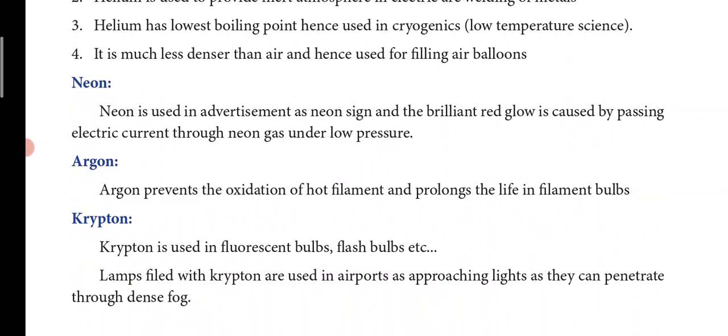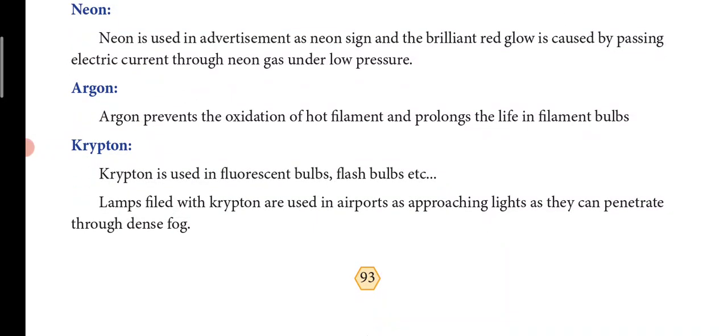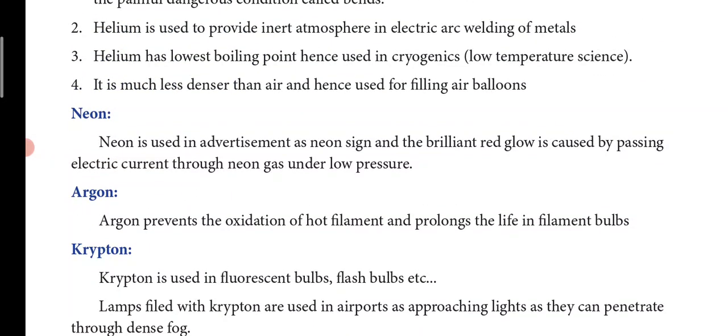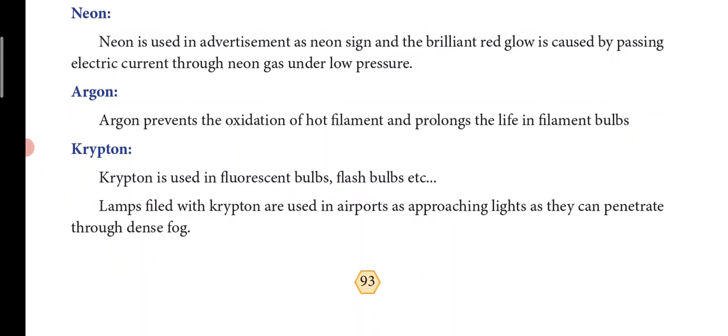And next is neon. Neon is used in advertisement as neon signs, and the brilliant red glow is caused by passing electric current through neon gas under low pressure. All these are very simple, you just have to find the meaning and go through it.